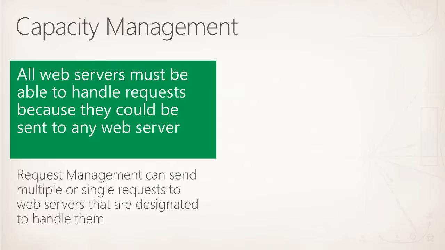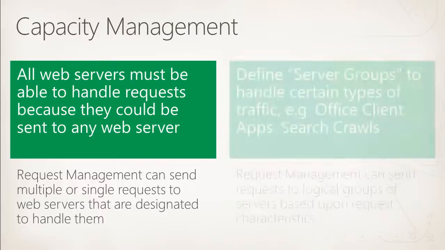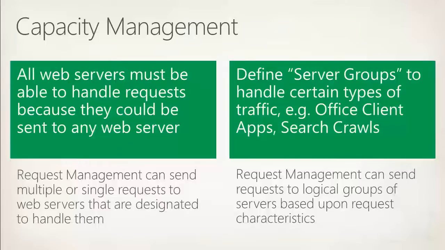So we can use this rule system again to configure different groups of machines that will respond to different types of requests. We can also leverage this to finally implement the logical concept of server groups. So we might dedicate certain machines for search crawling, other machines for the Office client applications and those kind of things. So we can use the machine pools capability to finally actually have an implementation of the idea of logical server groups.